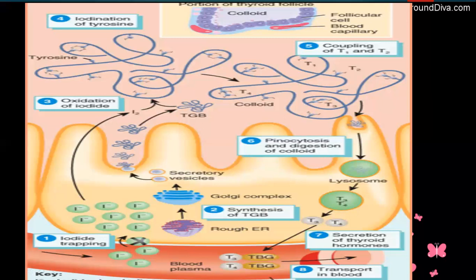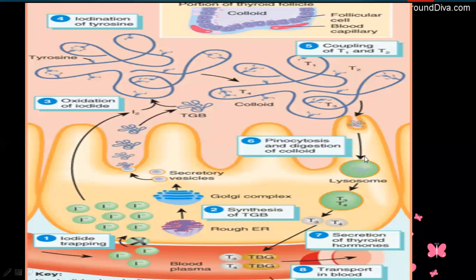Whenever our body requires thyroid hormones, the thyroid is stimulated by the pituitary gland and the hormones are released. Through pinocytosis, meaning endocytosis, the produced hormones re-enter the thyroid follicles and attach with the lysosome.